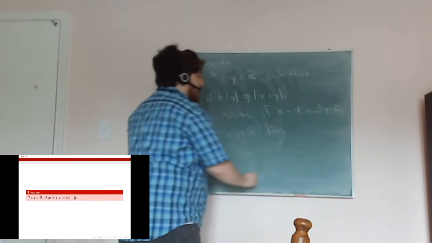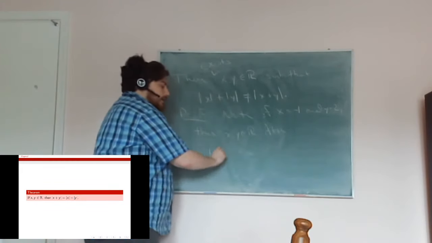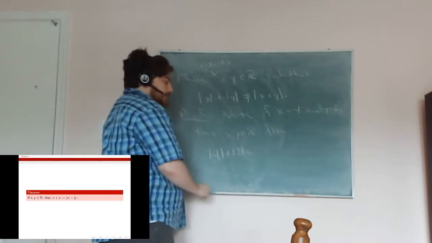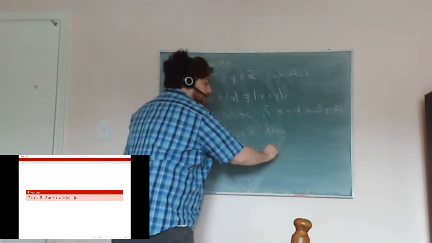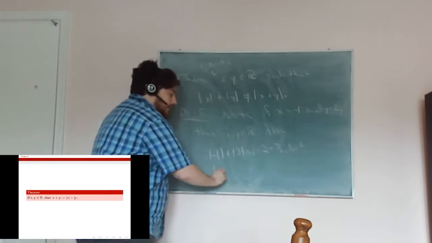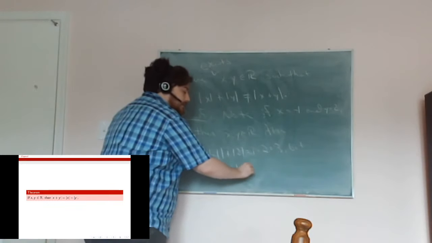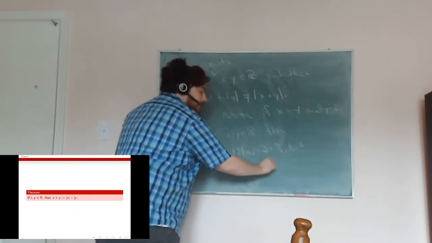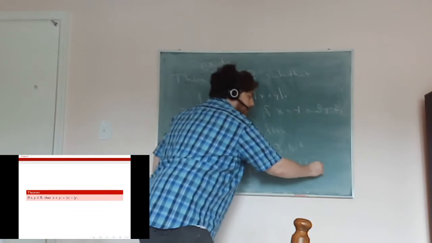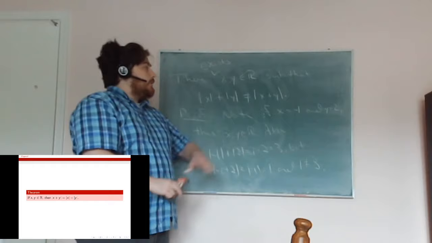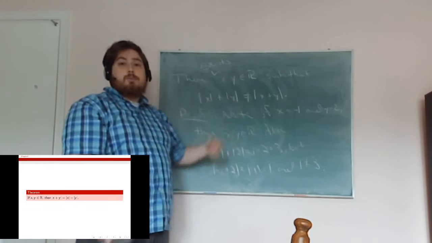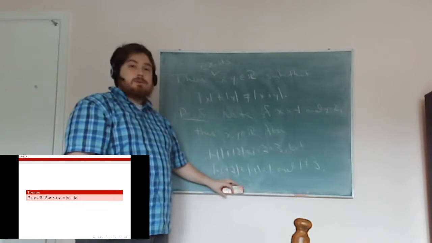Also, we get that |-1| + |2| is equal to 1 + 2, which is 3, but |-1 + 2| is equal to |1|, which is 1, and 1 is not equal to 3. So we've proved the negation of the statement. Hence, we have proved that the original statement was false.